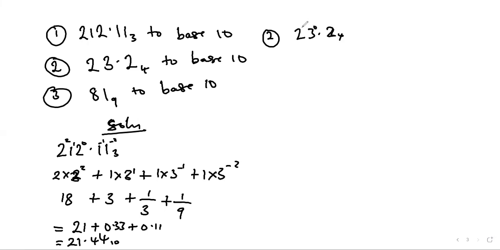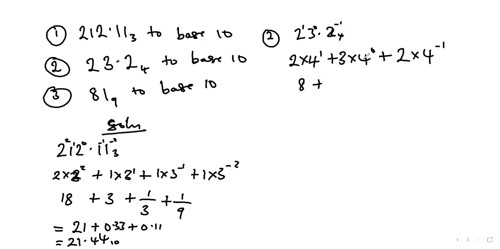So you're looking at the powers 0, 1, minus 1. So this will be 2 times 4 raised to the power of 1, plus 3 times 4 raised to the power of 0, plus 2 times 4 raised to the power of minus 1. So 2 times 4 is 8.